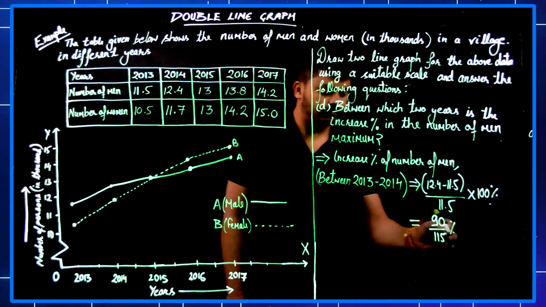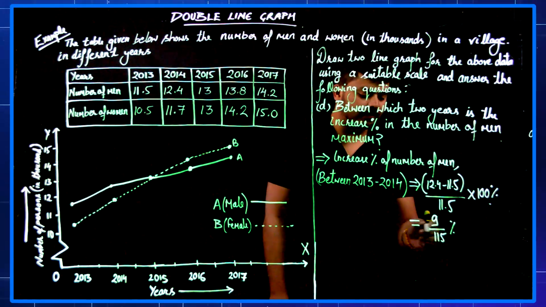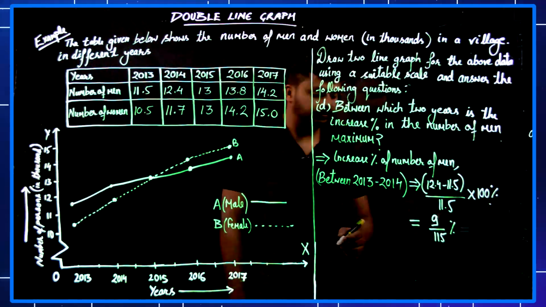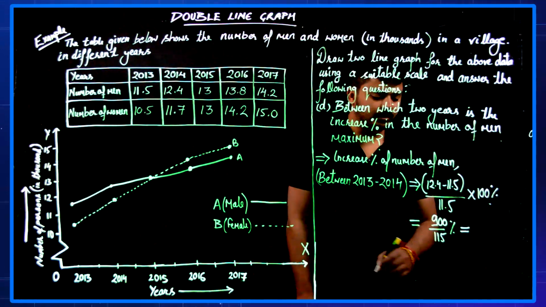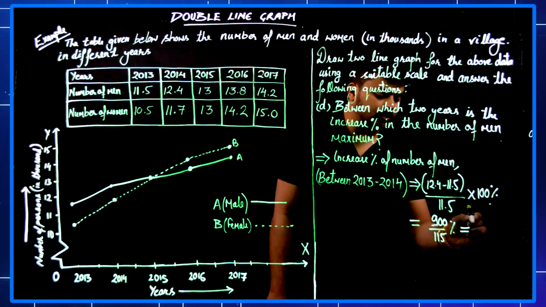So we get 9 by 115 percent, so we get 900 by 115 percent, which is equal to 7.8%.